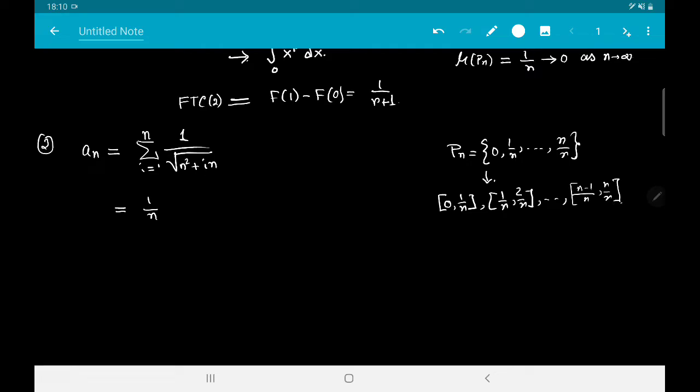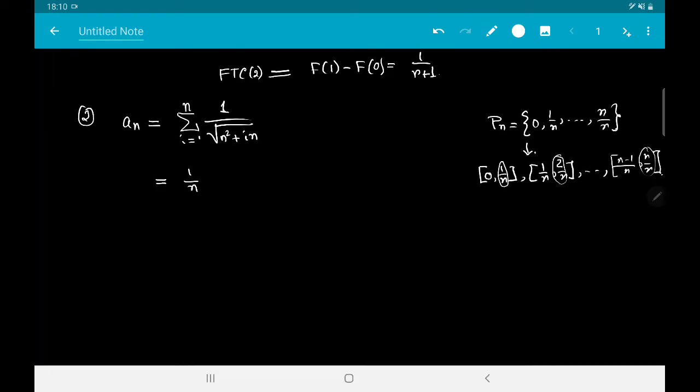And in most cases we will choose our tag set to be the endpoints of the intervals. Now, what are the lengths of the intervals? The length is equal to 1 by n for each of the subintervals, and consequently mu of P_n is equal to 1 by n, which goes to 0 as n goes to infinity.